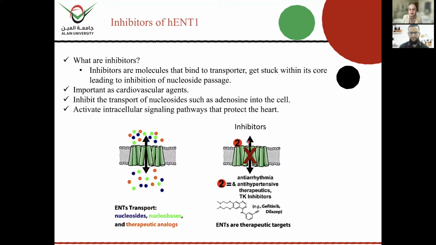Binding of these drugs to hENT1 as inhibitors inhibits the transport of nucleosides such as adenosine into the cell and leads to its accumulation extracellularly. Now, the accumulated adenosine outside the cell will bind to plasma membrane adenosine receptors, resulting in the activation of intracellular signaling pathways that protect the heart.